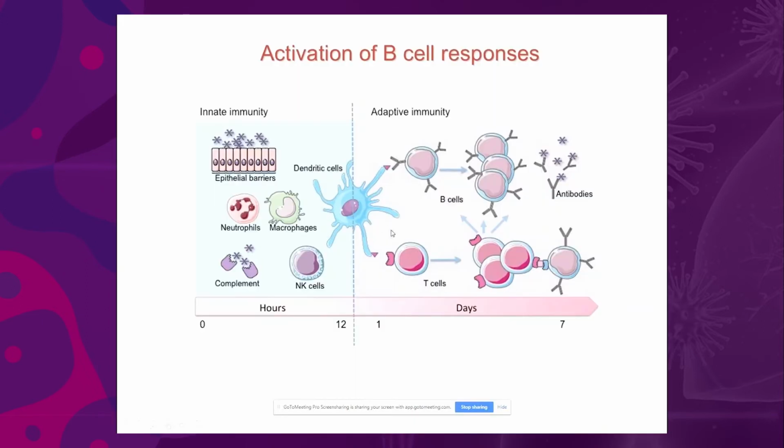Together, the dendritic cells determine not only the T cell response activated, but also the B cell response, the production of antibodies. The T cell response provides help to B cells for antibody production, antibody affinity maturation, and so on.